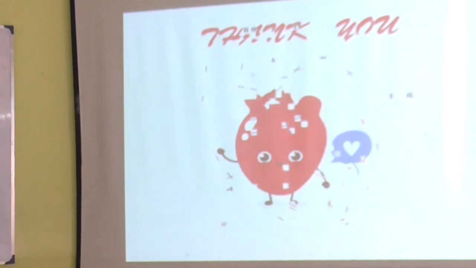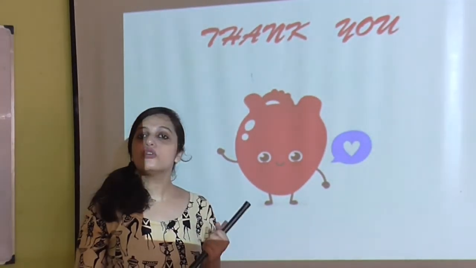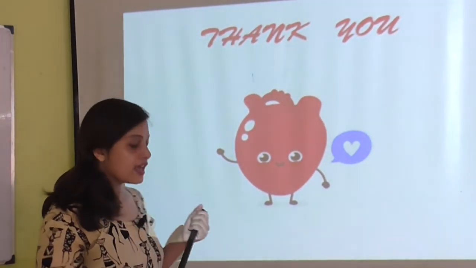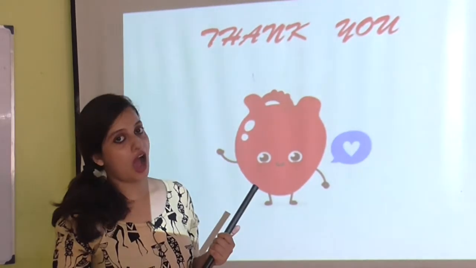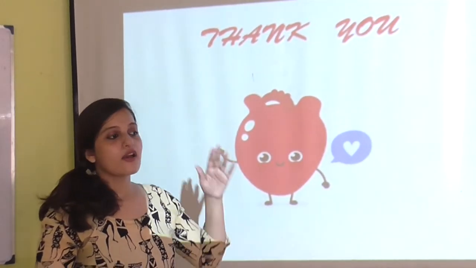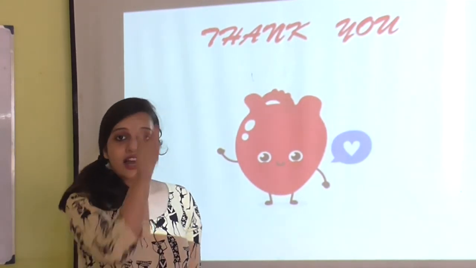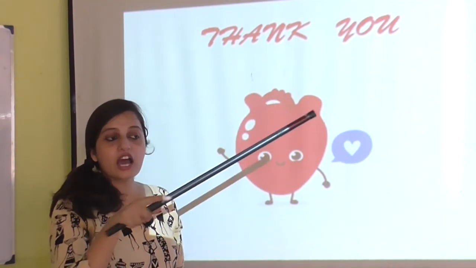Now after this, there are some topics which are not present in your book, but you have to know them: the heartbeat and the heart pulse. What is the heartbeat? You have seen in the first slide the structure of the heart and the valves.